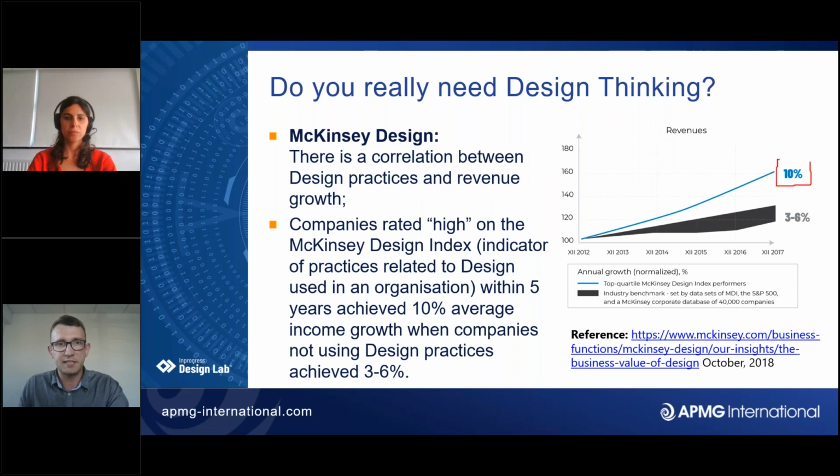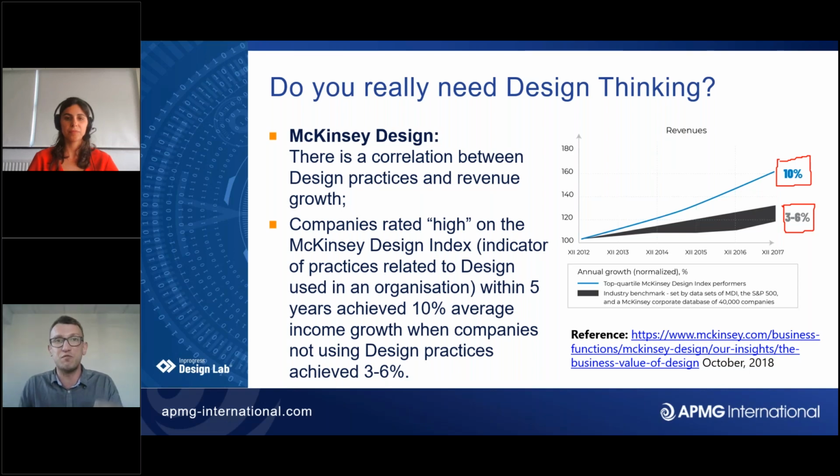After 5 years, 10% was the revenue growth of organizations investing in design practices, while in the same 5 years, only 3 to 6% was the revenue growth of organizations which didn't invest in design practices.